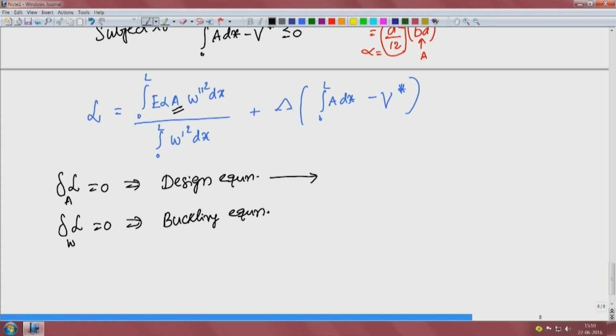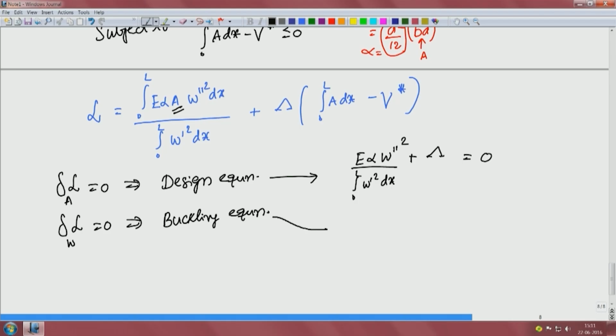So, we get E alpha A W double prime square, divided by integral 0 to L of W prime square dx, plus lambda, that comes from here, equal to 0. That is what we get when you take the variation with respect to A.